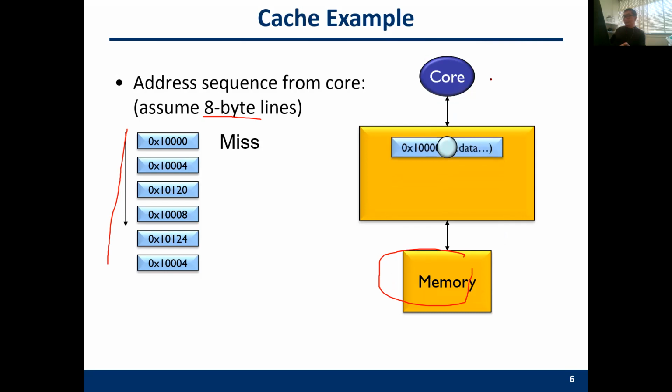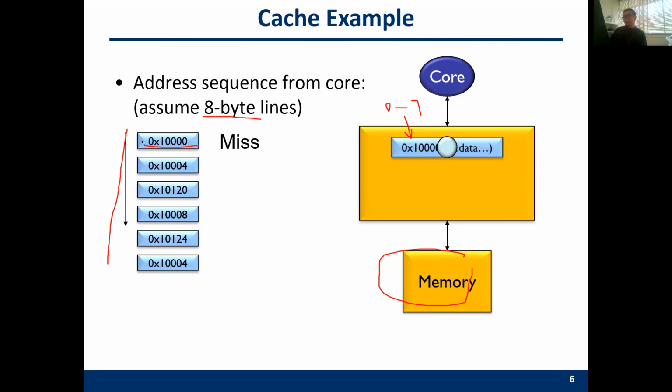And then we fetch the data from the DRAM and store the data in the cache. Again, I would like to remind you, each block here is 8 bytes. 8 bytes means from 0 to 7 is in this block.